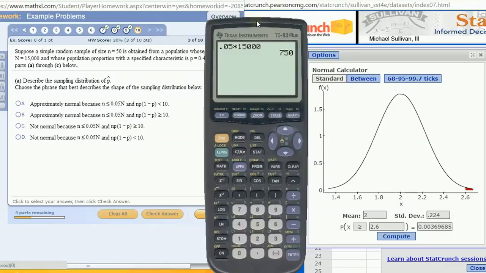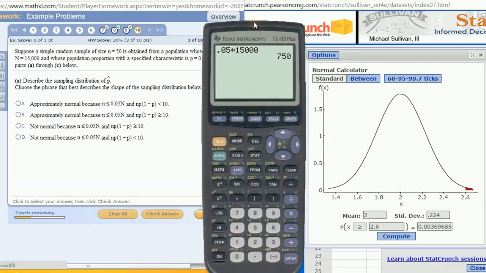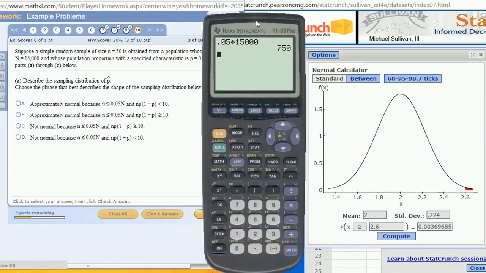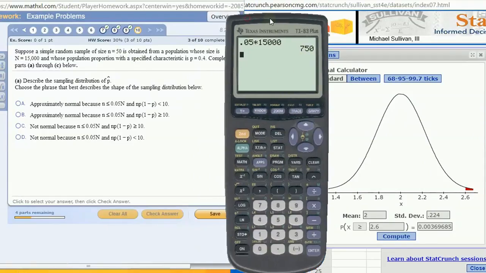Your sample observations stop being independent of each other. But for a sample size less than 750, we don't run into that problem. Certainly a sample size of 50, that's not an issue.